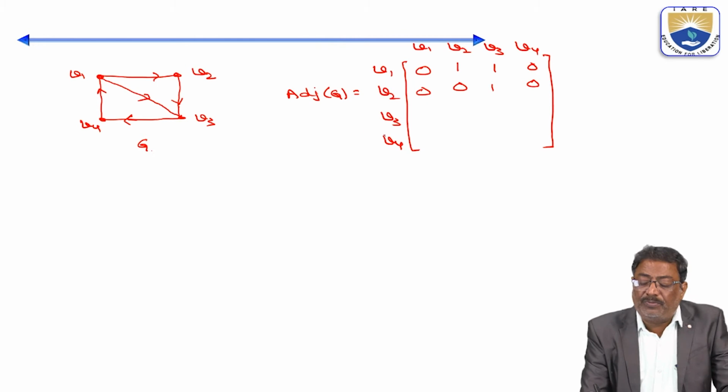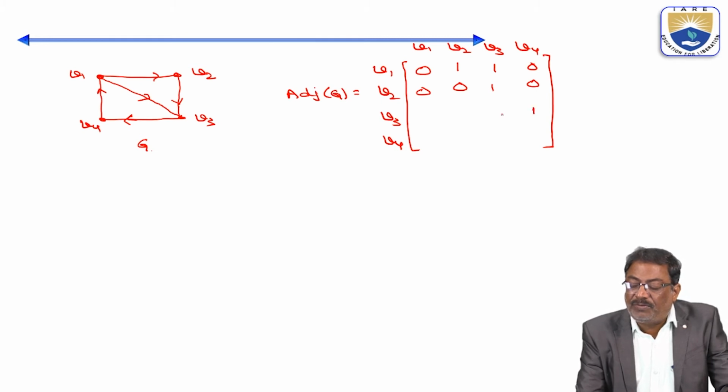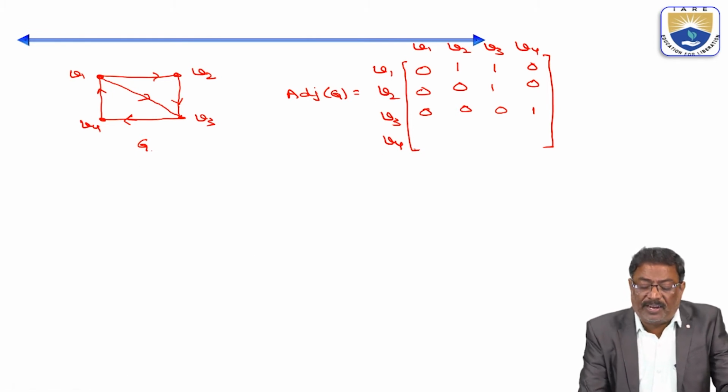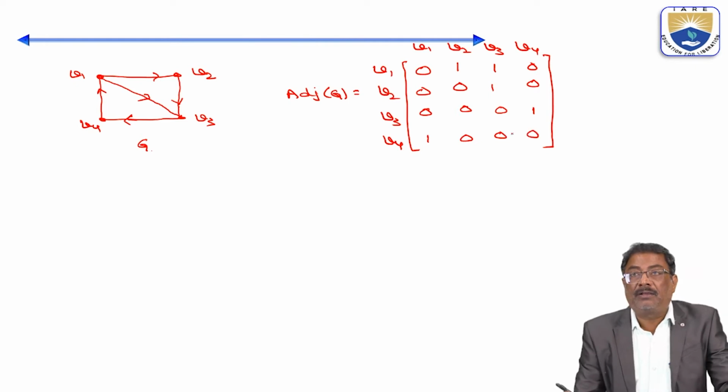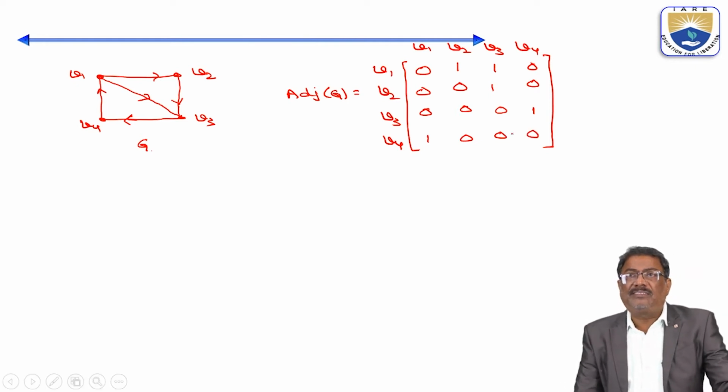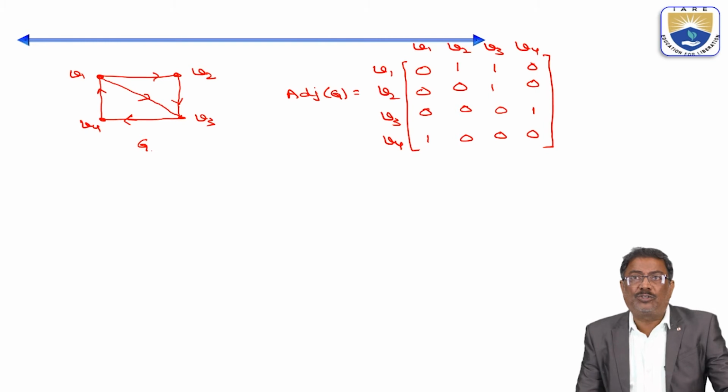For V3, there is only one edge, V3 to V4, and the remaining have no edges. Next, V4 to V1 there is an edge, and the remaining are not edges. So this is the adjacency matrix of the directed graph.